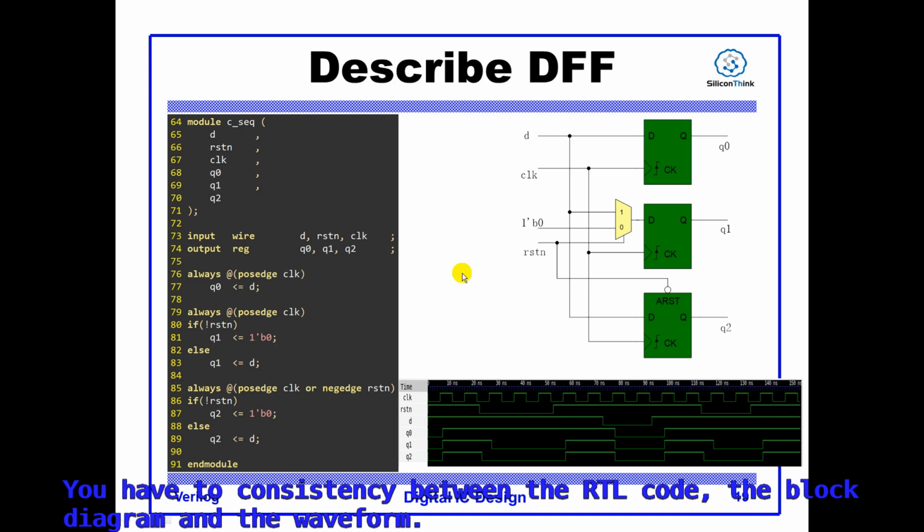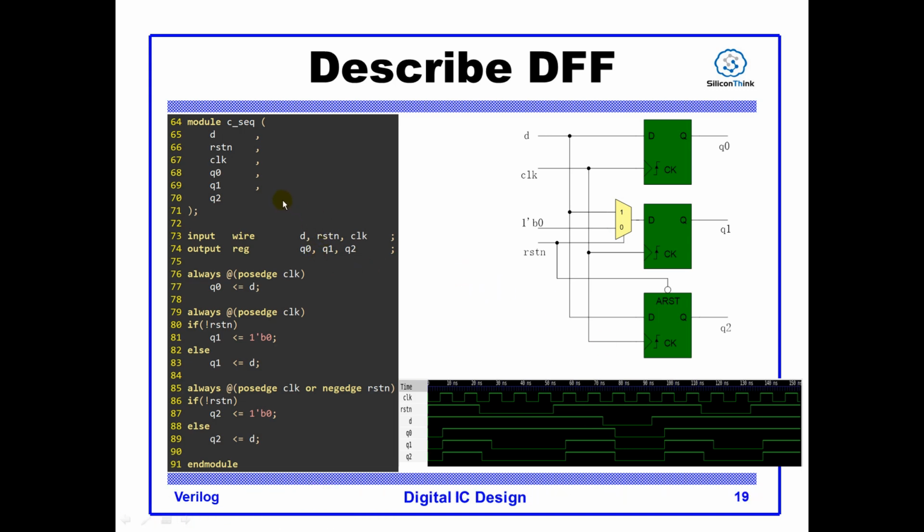That is, given any one of the three, you can figure out the other two. For example, if I give you the Verilog code, you can think about the block diagram and the waveform. If I give you the block diagram, you can write the Verilog code or draw the waveform. This is consistency between the three. This is a basic requirement for understanding how Verilog and hardware work.